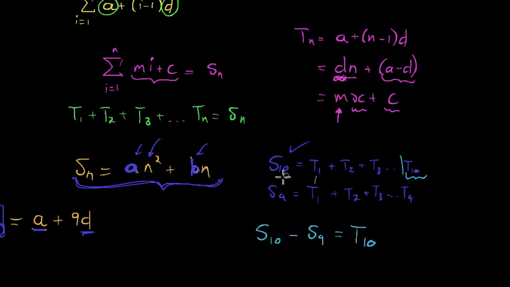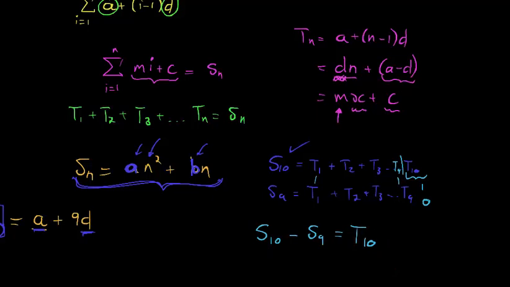If I subtract these two sides, S10 minus S9, term 1 minus term 1 gives 0. Term 2 minus term 2 gives 0. Term 3 minus term 3 gives 0. This will go all the way up to term 9. All of them give 0, and then there is term 10 with nothing to subtract from it. So I get term 10. Does that make sense? Yes.